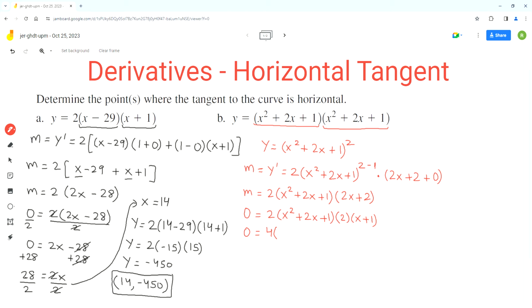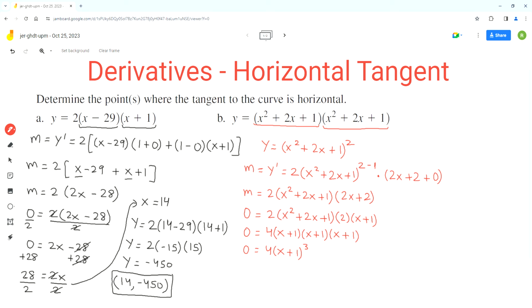If we factor it, we get (x plus 1) times (x plus 1), and then times the third (x plus 1), which is the last parentheses. So now we can combine these three parentheses into (x plus 1) cubed.